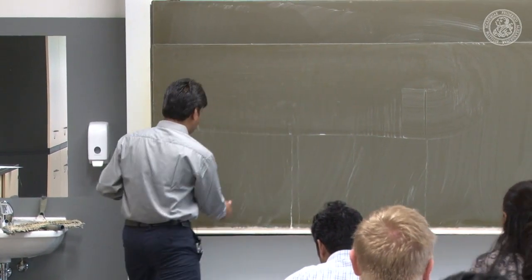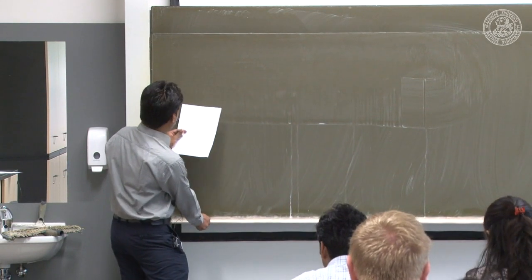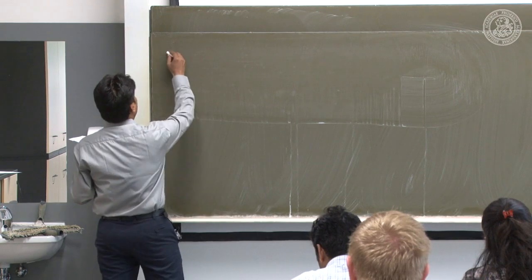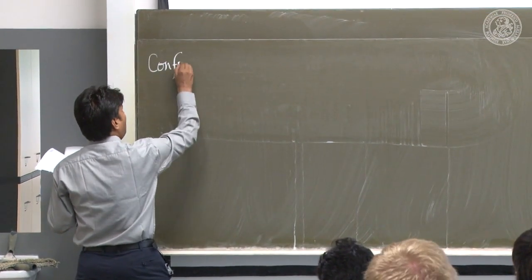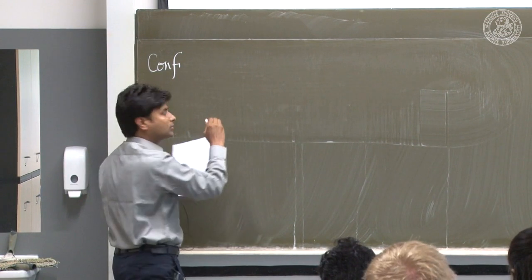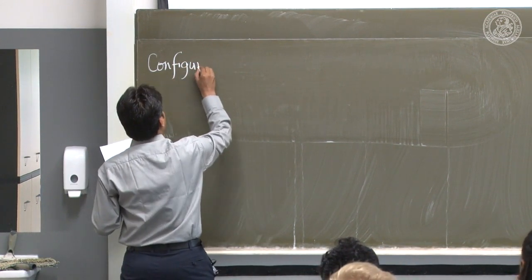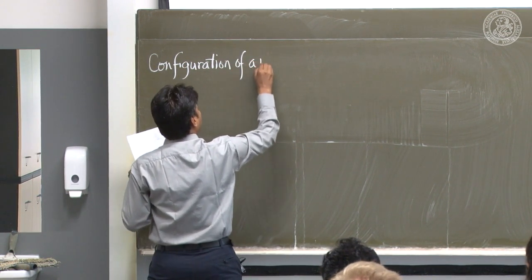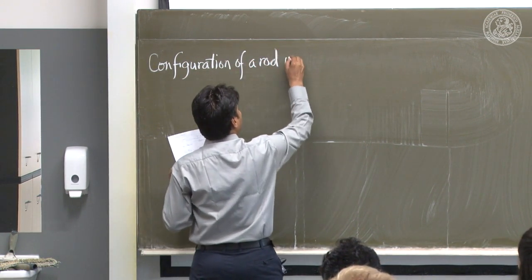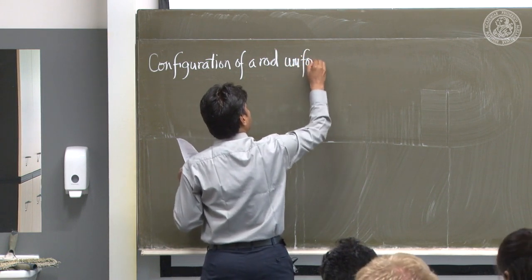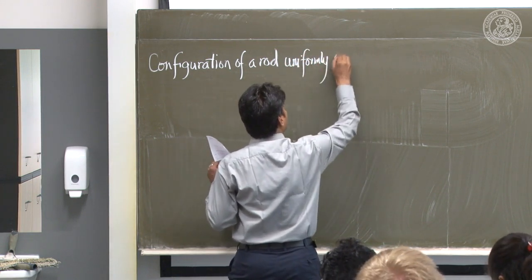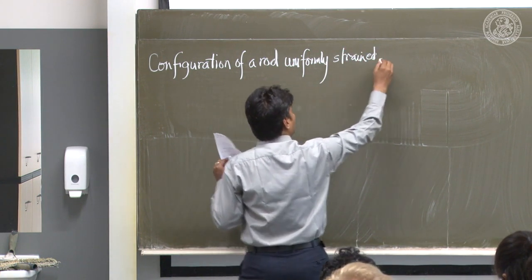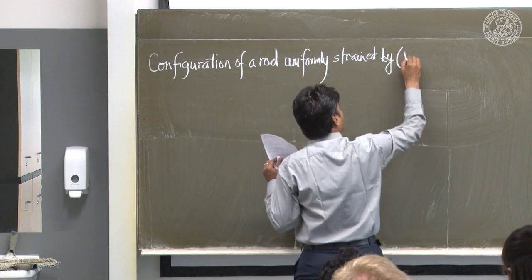So let's start with where we left last time. We were discussing the configuration of a rod which is uniformly strained, by Vk.